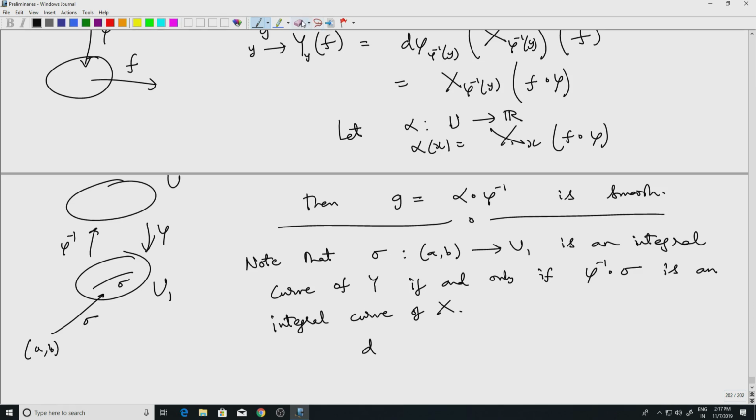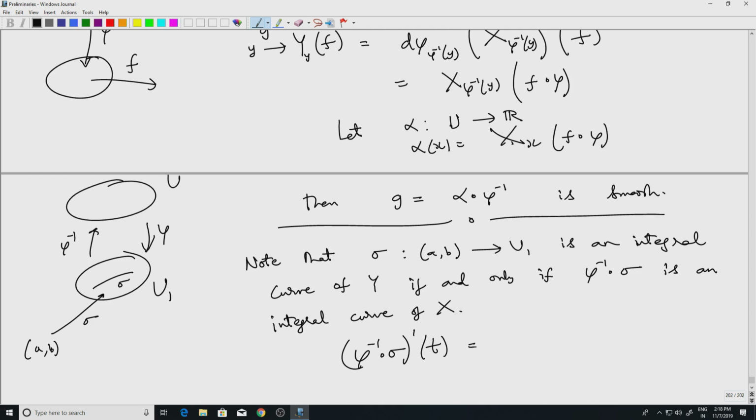So I have to look at phi inverse composed with sigma, prime at t. And I want to check whether this is actually equal to x at the corresponding point, x at phi inverse composed with sigma t.